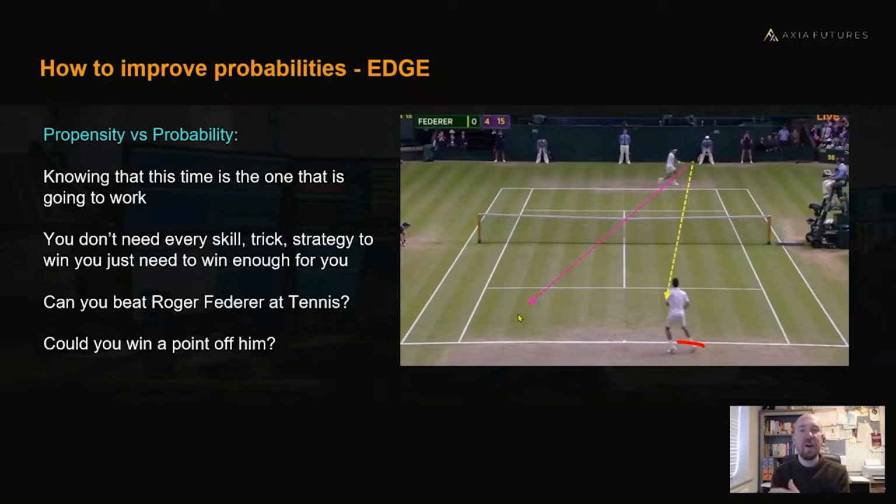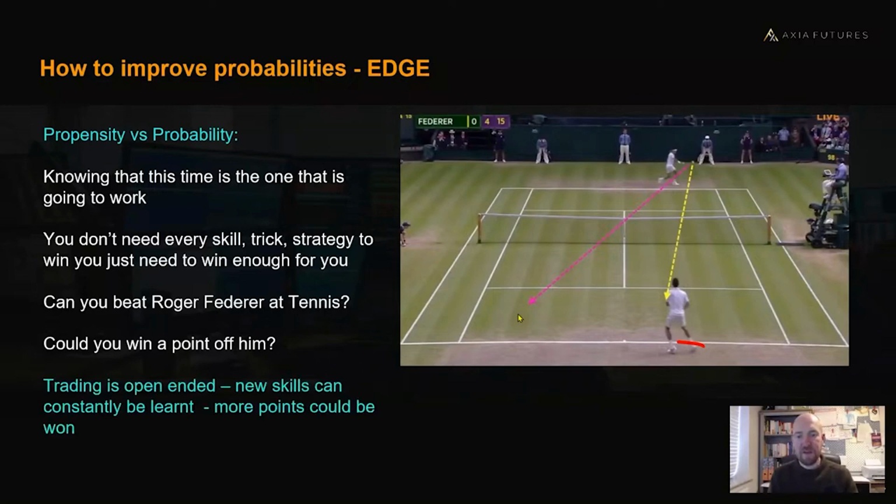And if let's say you got paid for each point you won off Roger Federer, you would be able to make some money. Arguably, you might be able to make enough money to make a living if you got paid per point. And so the point here being, you don't need lots and lots of skills and lots of things. You need to understand when the things that you've got give you a trade opportunity. That's the way to try and think about it.